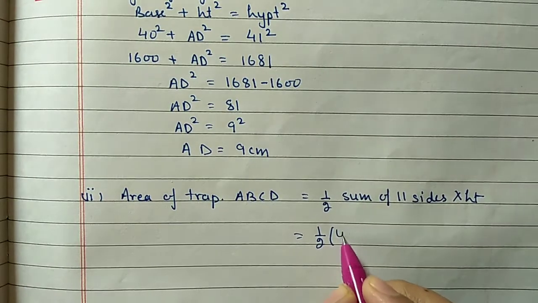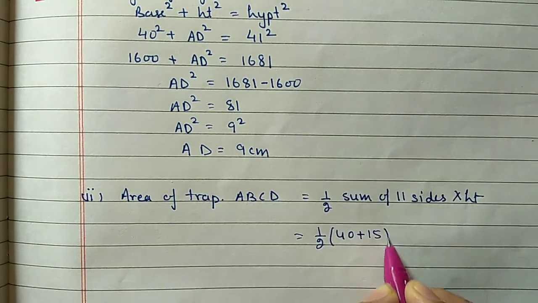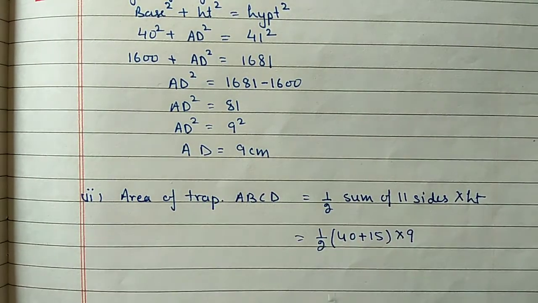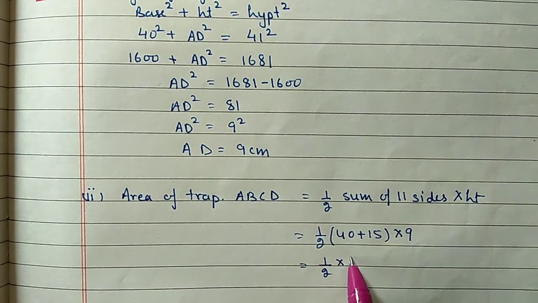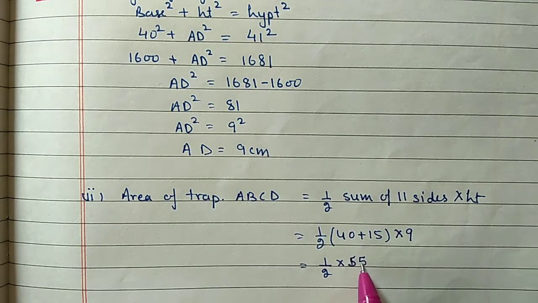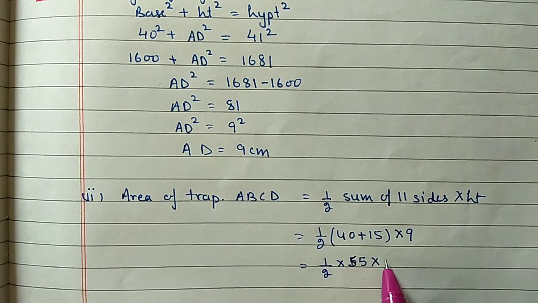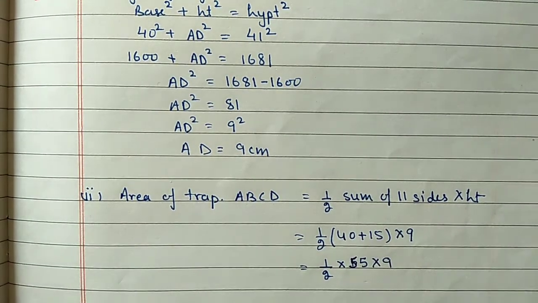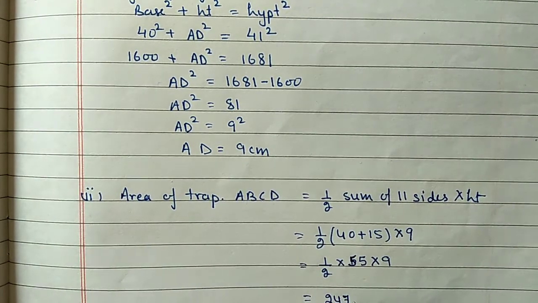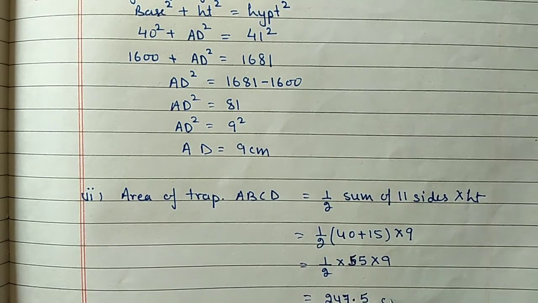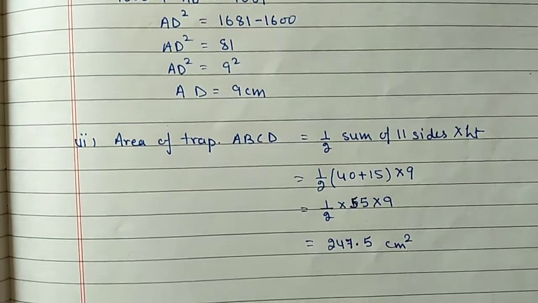So we will write here 40 plus 15 and height we have just calculated, 9. So we will get 40 plus 15, 55 into 9 divided by 2. After calculation and division we will get 247.5 centimeter square.